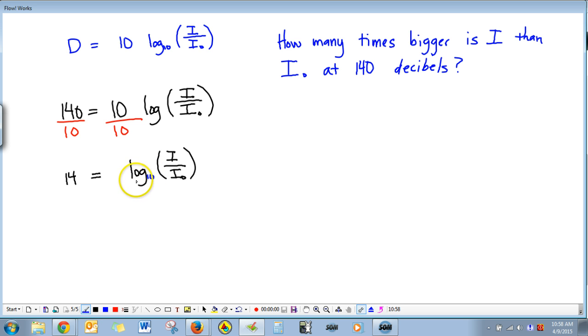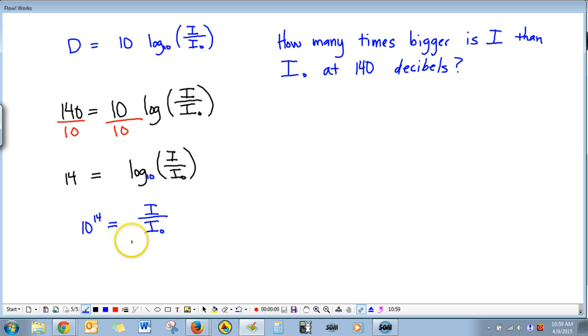This is the base. If we want to switch this into exponential form, which is the only way we're going to be able to solve this, 10 to the exponent, which is 14, equals this. So 10 to the 14th power equals I over I naught.